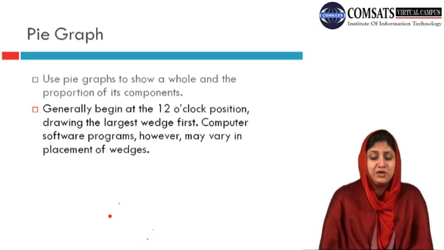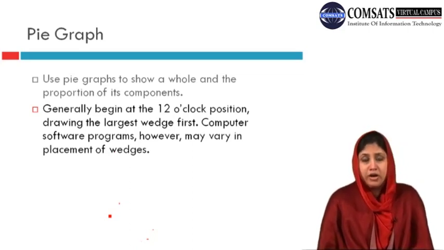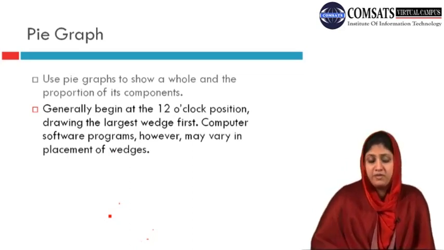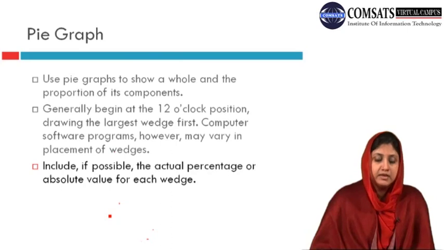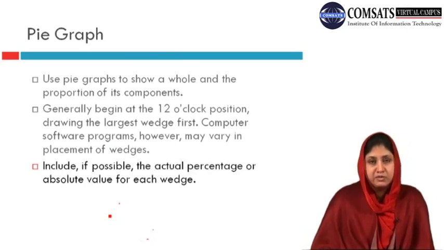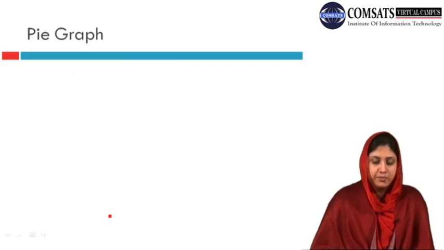So generally begin at the 12 o'clock position and draw the largest wedge first, though computer software programs may vary in placement of wedges. Include, if possible, the actual percentage or absolute value for each wedge.